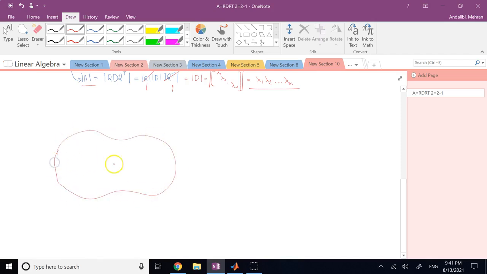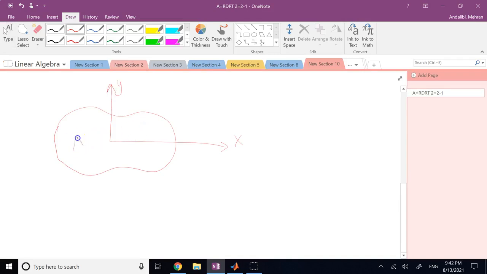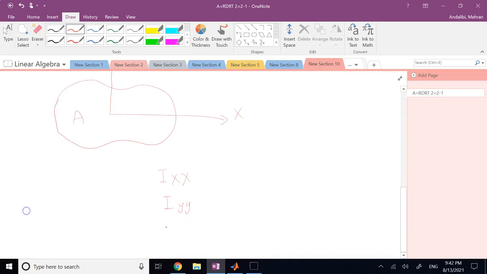So if this is a surface and I have the x-axis and the y-axis, and the area was A, you could calculate Ixx, Iyy, and Ixy, correct? So this was basically the integral over surface of y squared dA. This was the integral of x squared dA, and this was the integral of xy dA, correct?